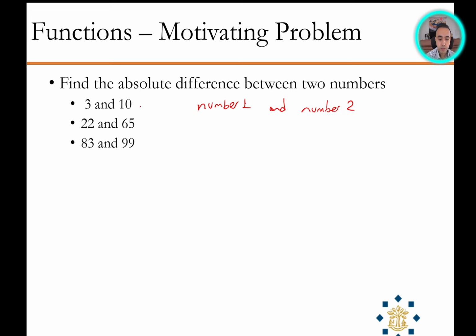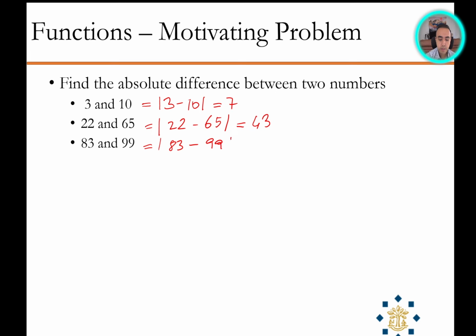So the absolute difference between the two here is 10 minus 3, that is 7, right? Here 2020 minus 65, that is 43. And this one minus 99 is 16, right?